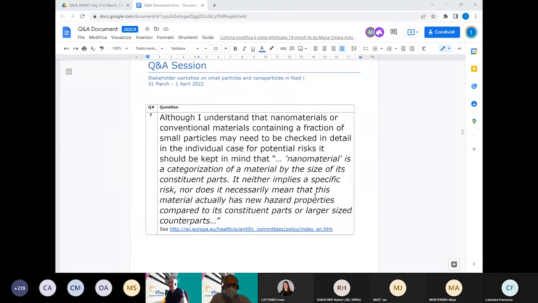I don't wish to come across as perhaps patronizing, but I think we need to remember what we're trying to do in any risk assessment. We're talking about hazards, which are the potential harm from a compound, whether nano or not, and risk refers to the likelihood of that hazard occurring.